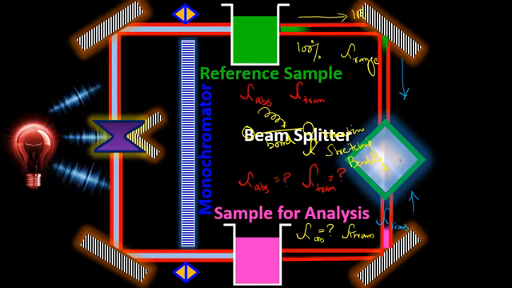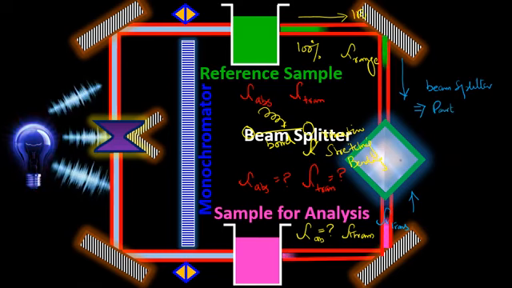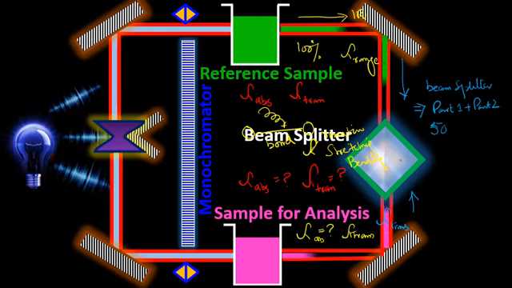The beam splitter splits the infrared radiation into part 1 and part 2. There are two types of beam. Usually the beam in IR spectroscopy is split in a ratio of 50% plus 50%.